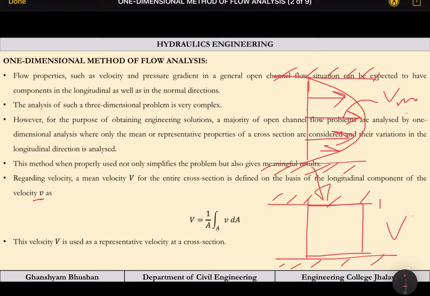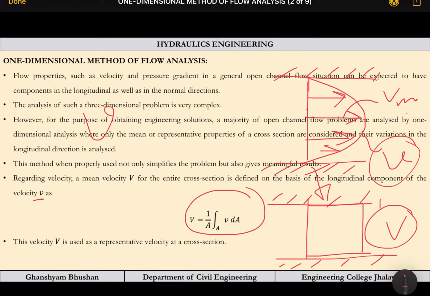This is your capital V, and this is the variation of v. This is how they can be related. The mean velocity is 1 by A times the integration of this quantity v dA, divided by A. This is nothing but the mean velocity.